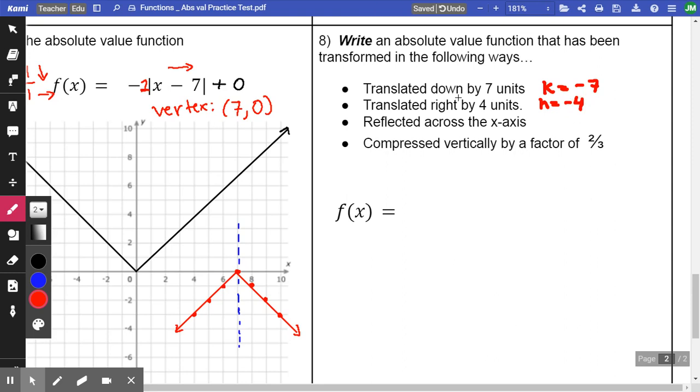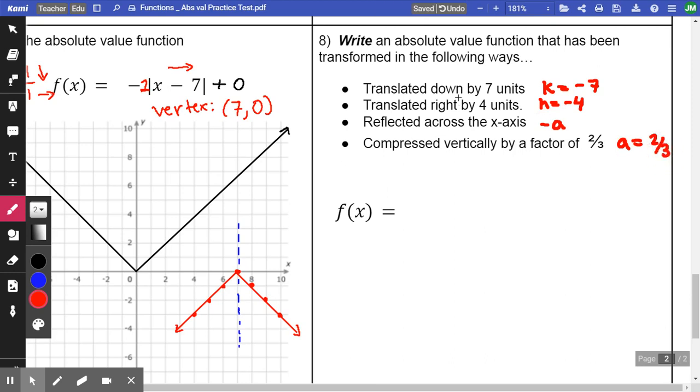Reflected across the x-axis means that we have a -a, and compressed vertically by a factor of 2/3 means that a is equal to 2/3.